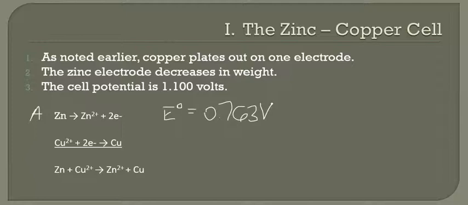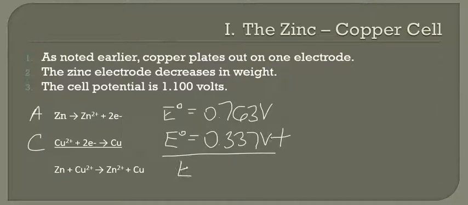And at the cathode, Cu2+ goes to form Cu, and the standard reduction potential is 0.337 volts. So overall, standard reduction potential for the cell, when I add the anode to the cathode, positive 1.1 volts.